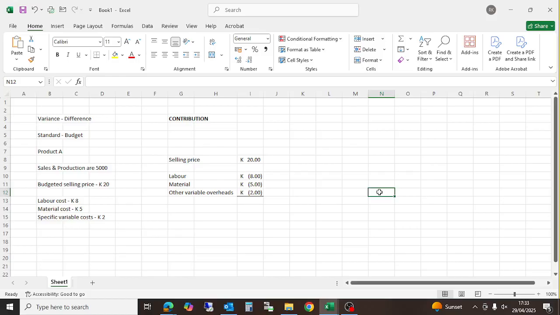Variable cost. The way I've come to understand variable cost is, let's say we are producing a certain product, then it happens that we want to increase the units to produce. Then we hire some part-time casual workers to help with the extra production.